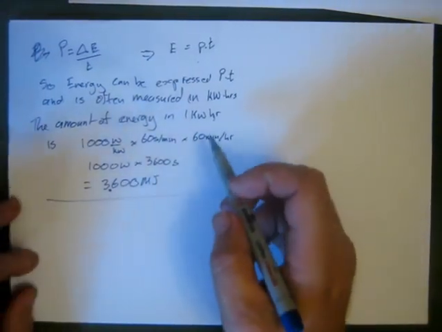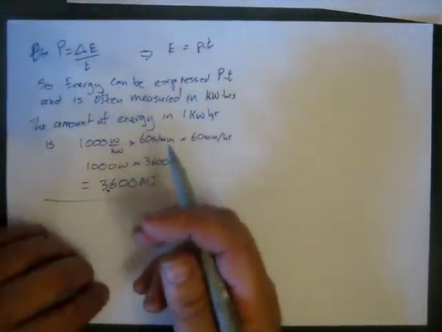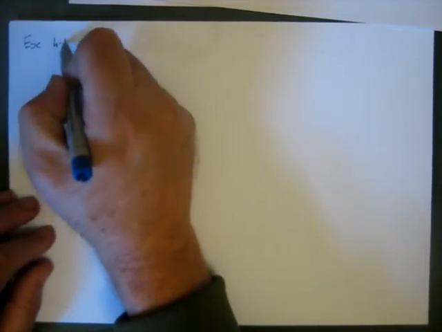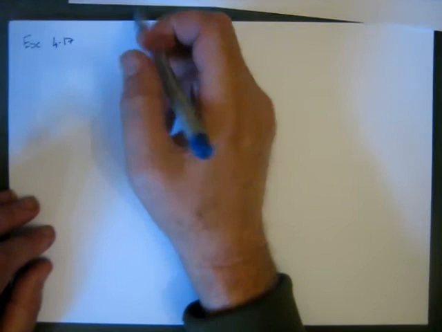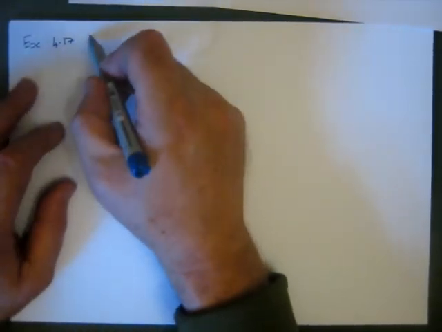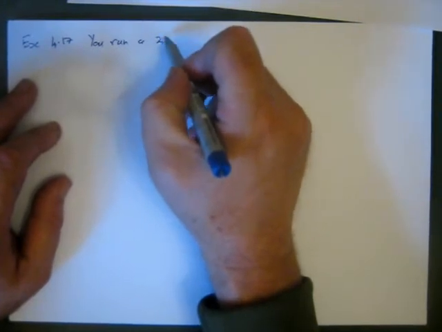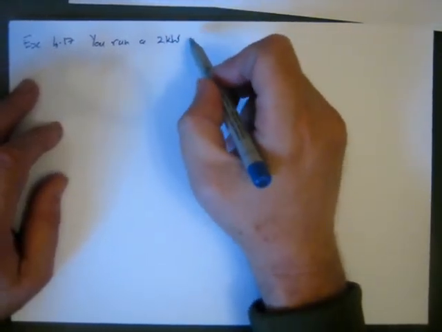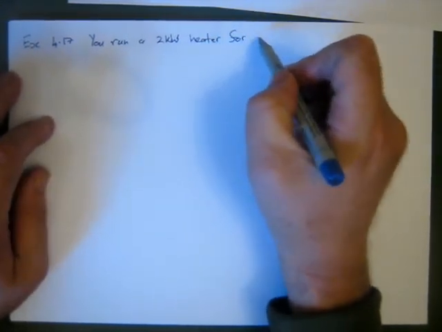So let's actually try that out. Let's apply this in exercise 4.17. Remember, if you want to try this, you can always pause it. So you run a 2 kilowatt bar heater for 24 hours.